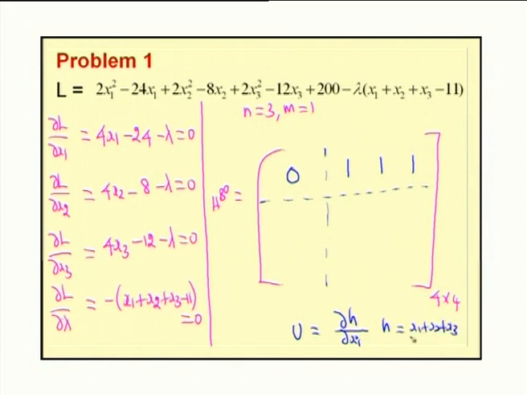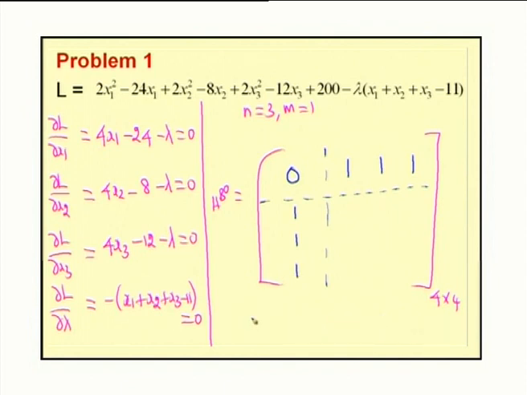So, dou h by dou x1 is 1, which we place here, and dou h by dou x2 is also 1, which is placed here, and dou h by dou x3 is 1, which is placed here. So, it is of order 1 cross 3. Then this block is U transpose. Our U is a 1 cross 3 matrix. Therefore, U transpose is 1 1 1.